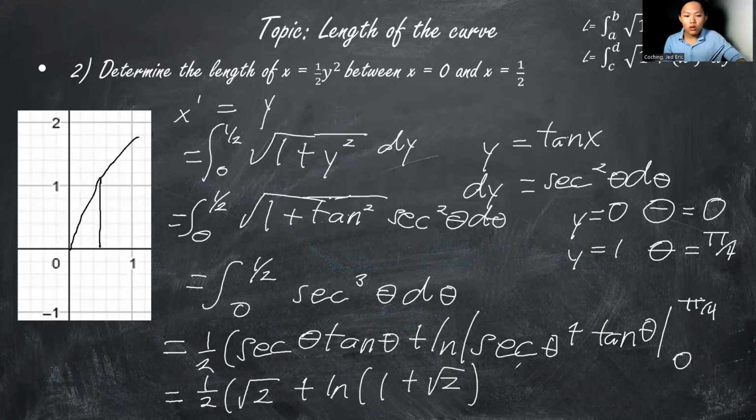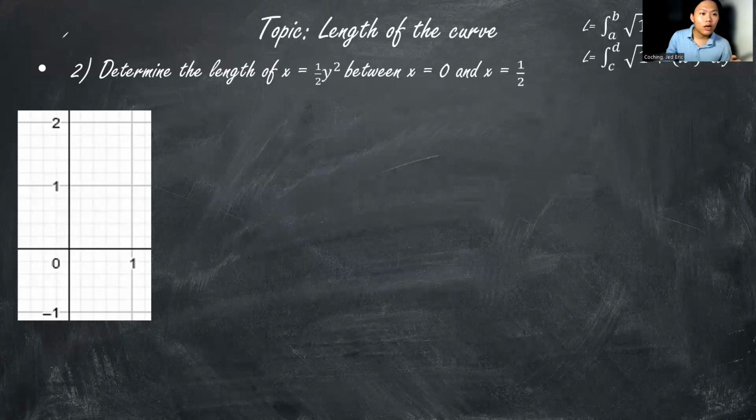Okay, so that's that, plus c. And that's how we solve the arc length of the curve x equals 1/2 times y squared between x equals 0 and x equals 1/2. Okay, now this is my answer, so let's clear and move to another topic.